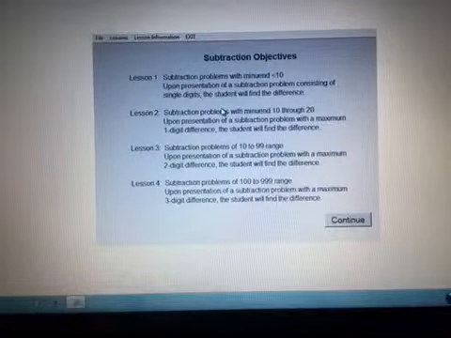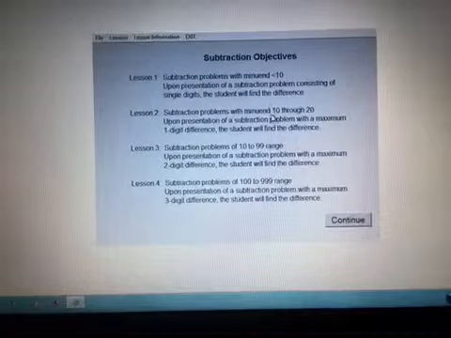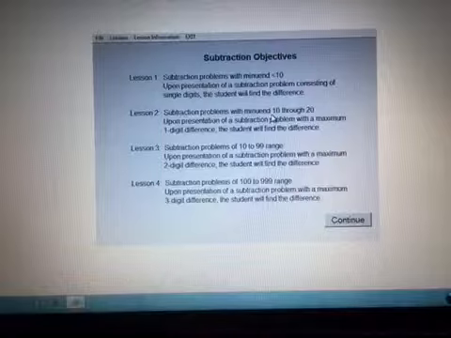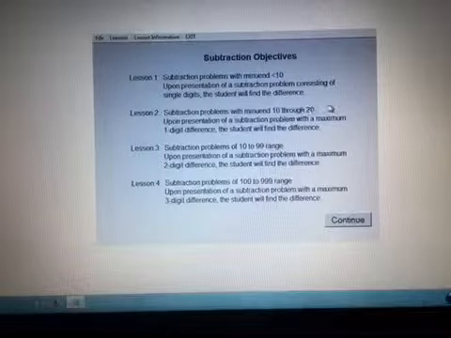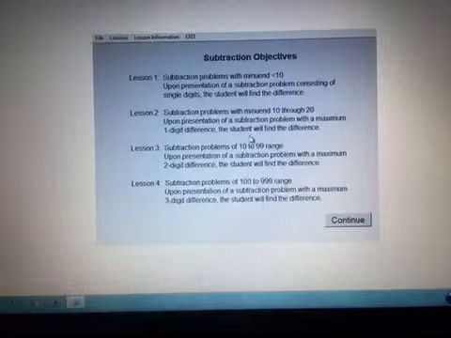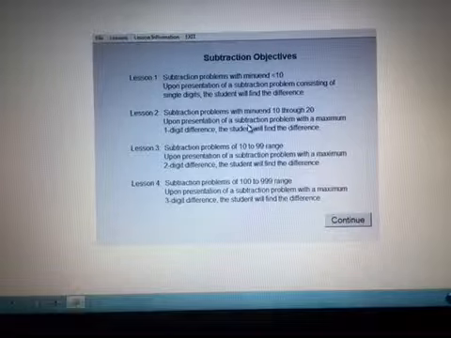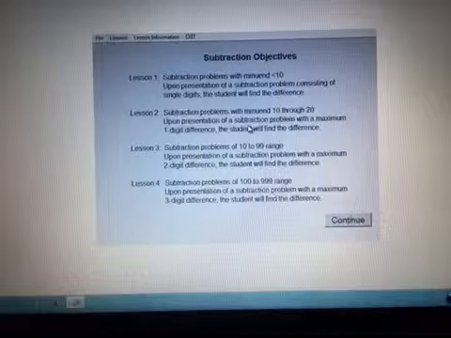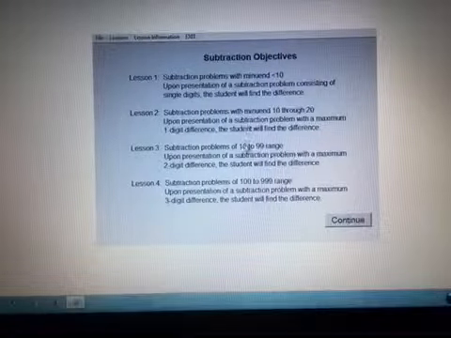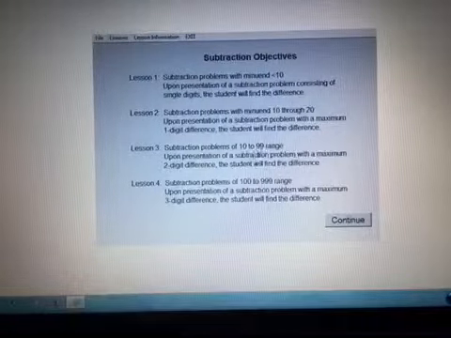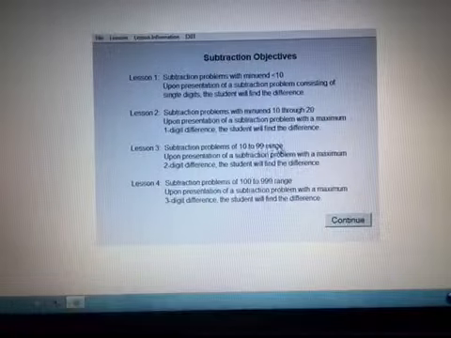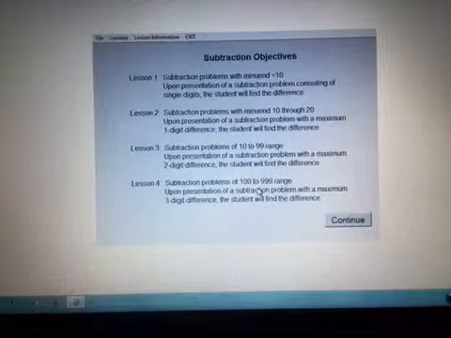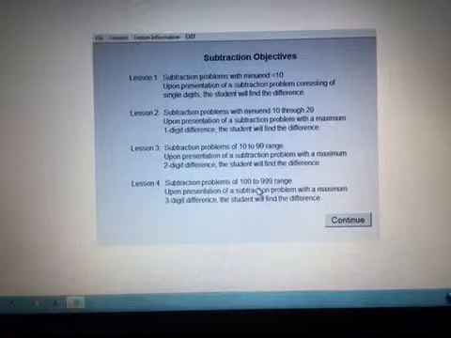And then we have a more complex problem where the top number, the minuend, can be from 10 through 20, and the student will either have a 1 or 2 digit difference. And then we have our third lesson, which is 2-digit subtraction numbers, and then 3-digit subtraction numbers.